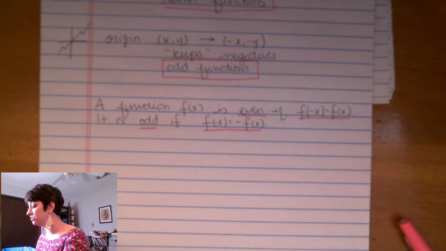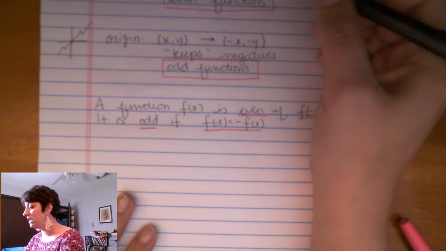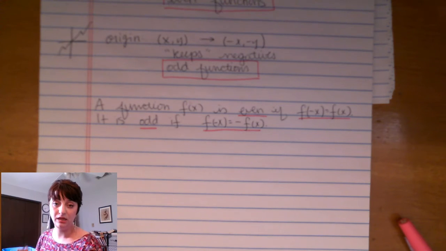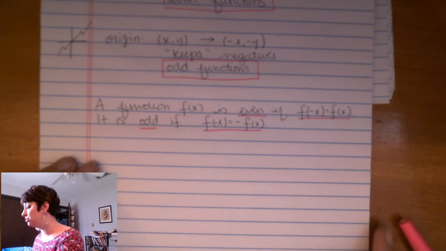Now just because you have an even power versus an odd power doesn't mean it's automatically an even or odd function. So I'm going to do 2 examples. Let me actually write that.